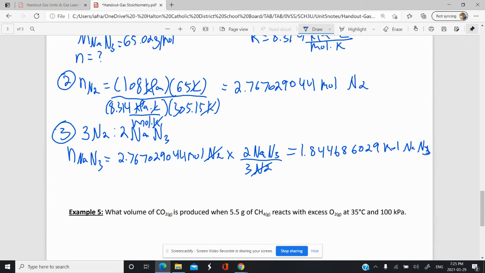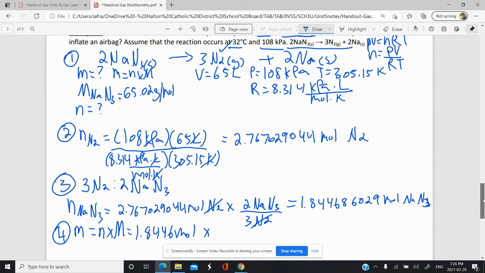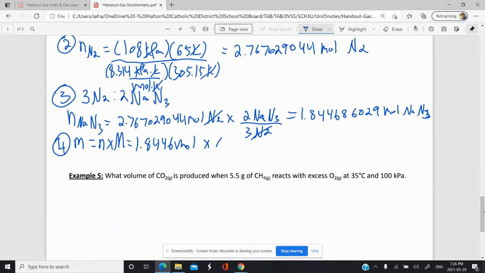And so now what we're going to do is find the mass. Our mass is going to be equal to the number of moles times the molar mass. So n times molar mass, which is equal to 1.8446, keeps going, moles times 65.02 grams per mole. Cross moles out, and we're left with grams, so times 65.02.